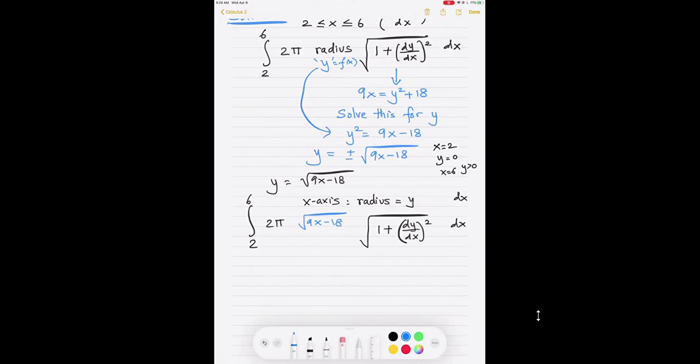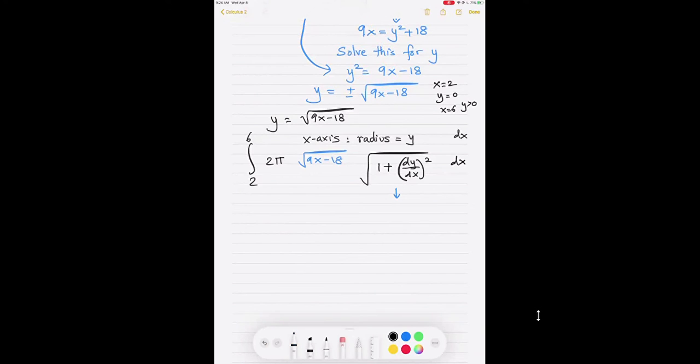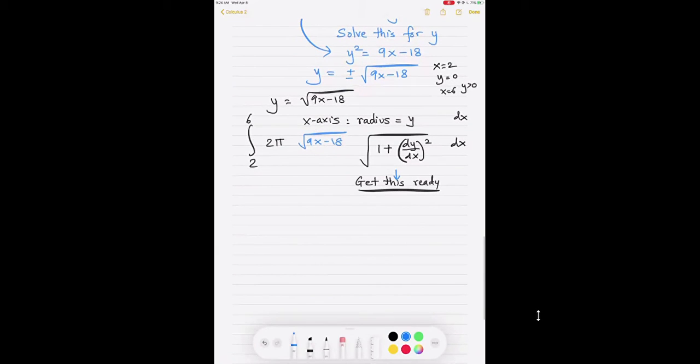So I'm going to compute this. I'm going to get this one ready as I did with arc length. So I'm just going to work on this part. So y equals the square root of 9x minus 18.